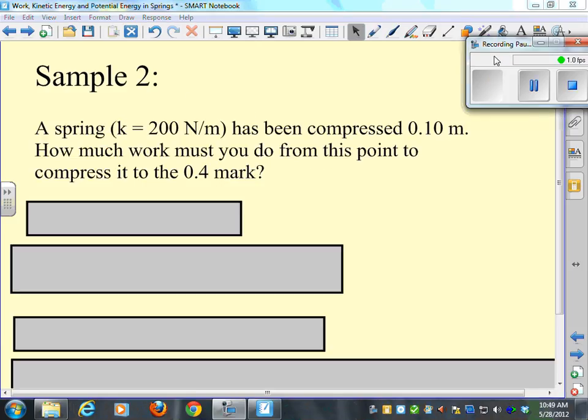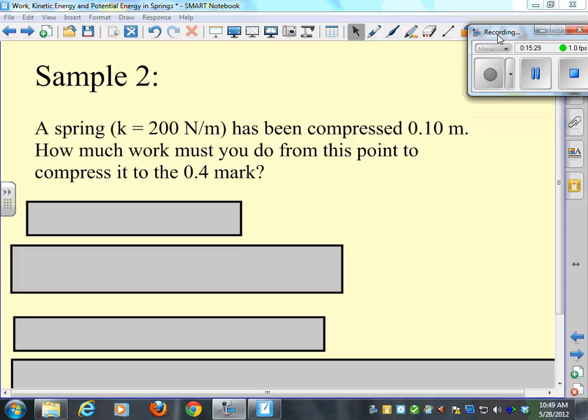Here's sample number 3. A spring with a constant of 200 newtons per meter has been compressed 10 centimeters, 0.1 meter. How much work must you do from this point to compress it to the 0.4 meter mark?